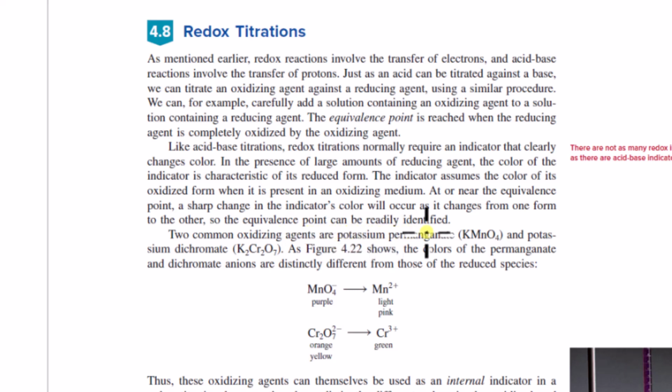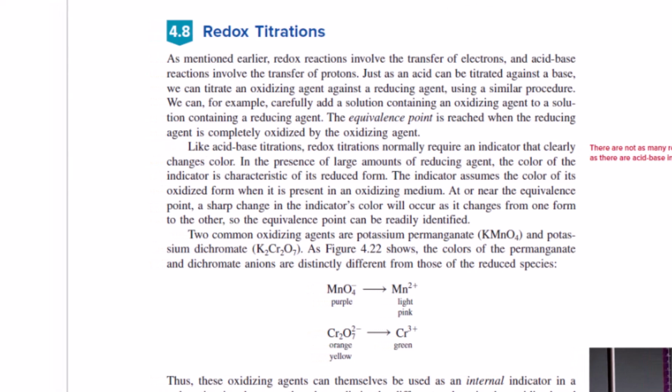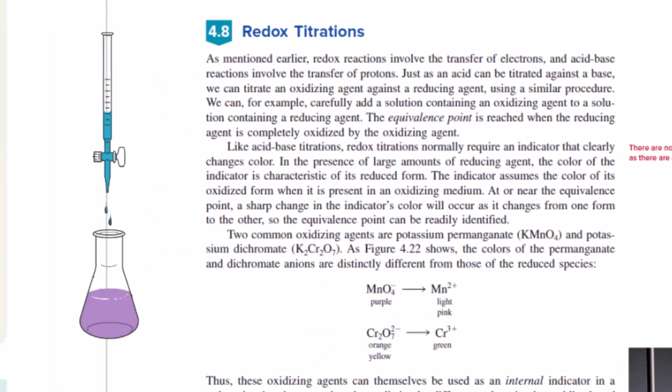Okay, so again, a redox titration is a titration just like an acid-base titration. Both are titrations. In a general titration, what we're doing is mixing a solution of unknown concentration with a standard solution of known concentration to determine the concentration of a specific solute in the unknown solution.